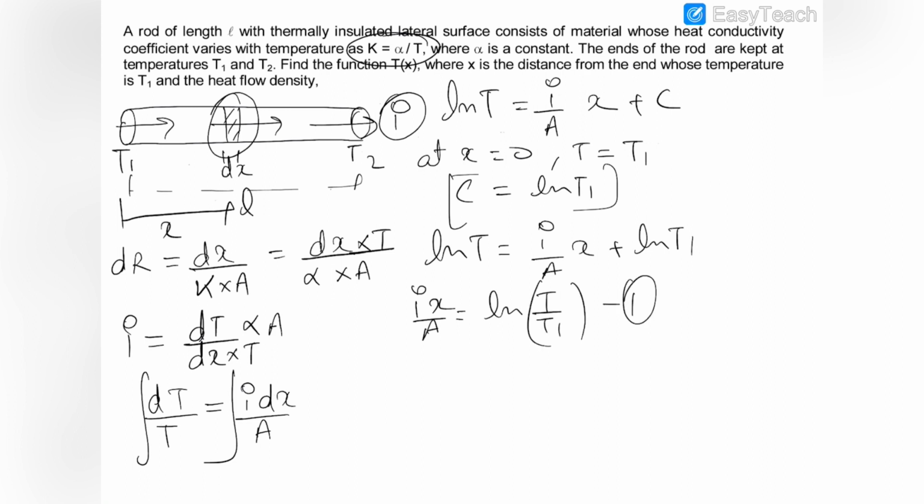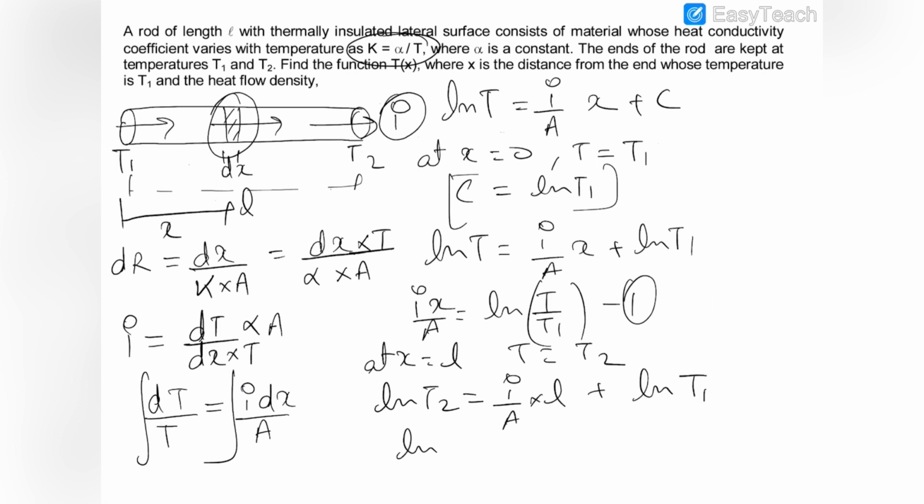This is the first equation. Now again you can say that at x is equal to L, T is equal to T2. So ln T2 is equal to I by A into L plus ln T1. So ln T2 by T1 is equal to I L by A.